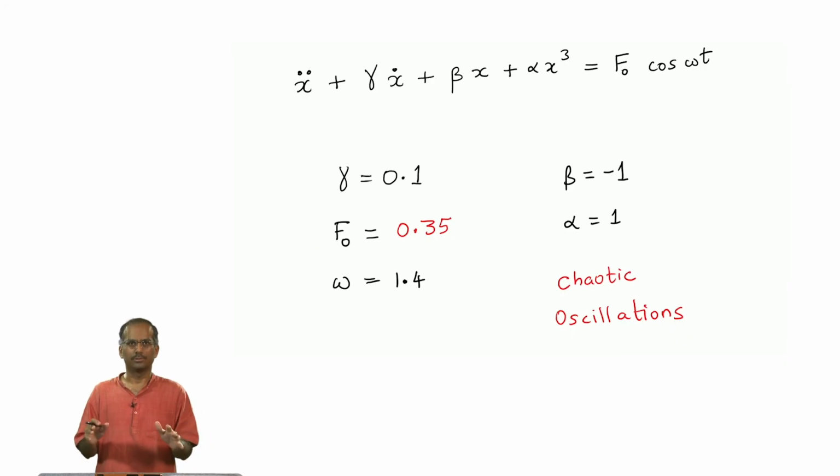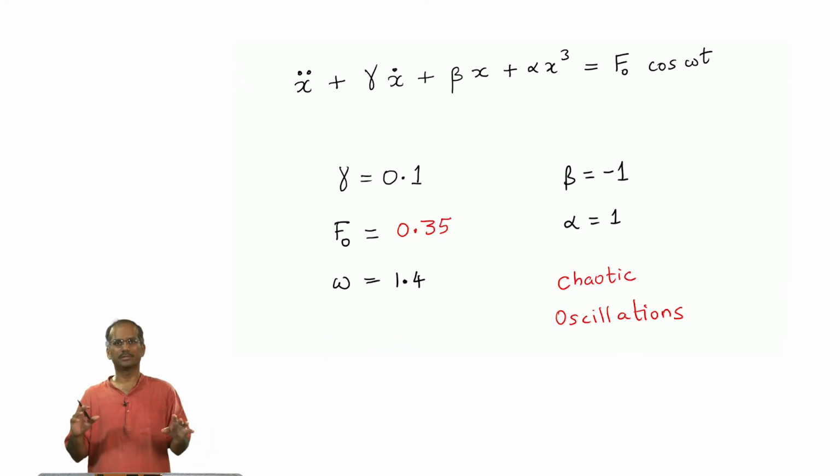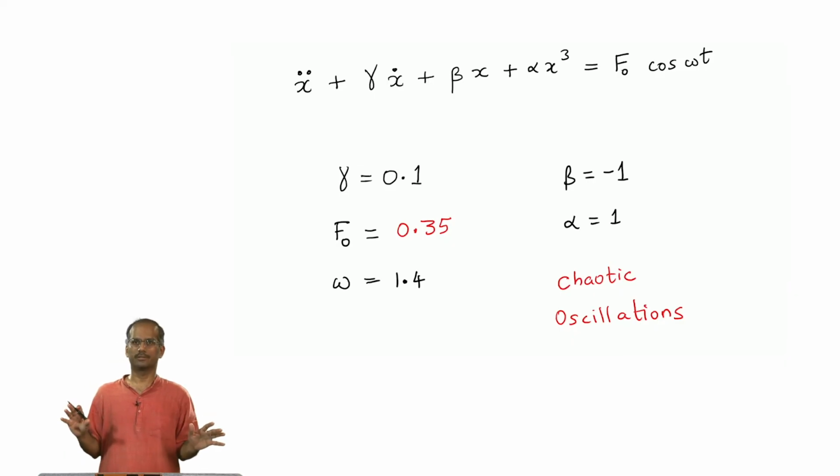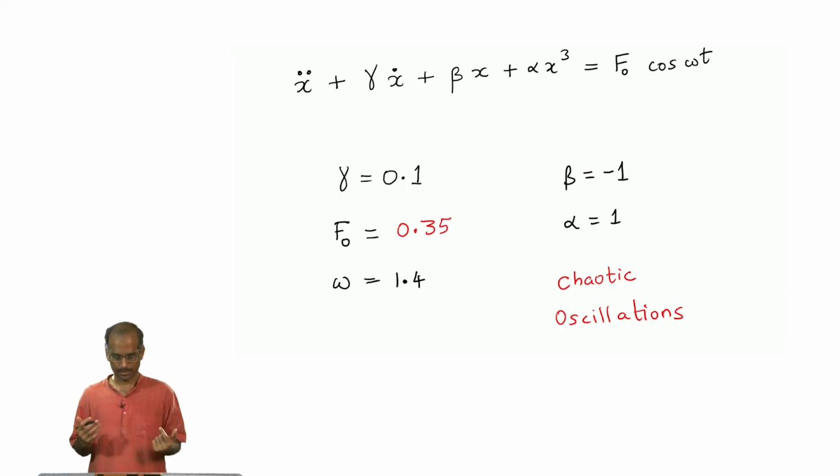But I should emphasize here that chaos is not just randomness. Any set of random looking oscillations is not chaotic. So, chaos, as I said, is a much deeper property of dynamical systems, and we really will not be going into the depths of what is chaos and so on.